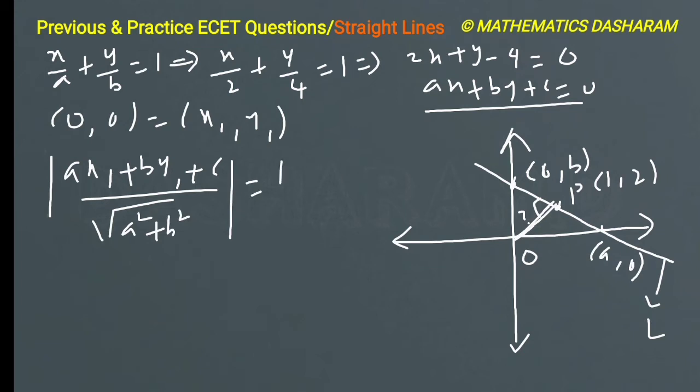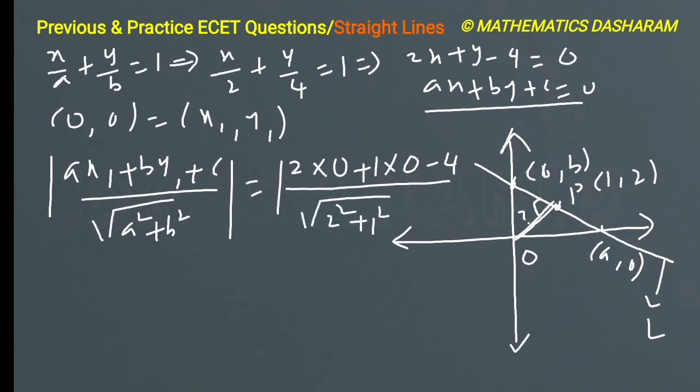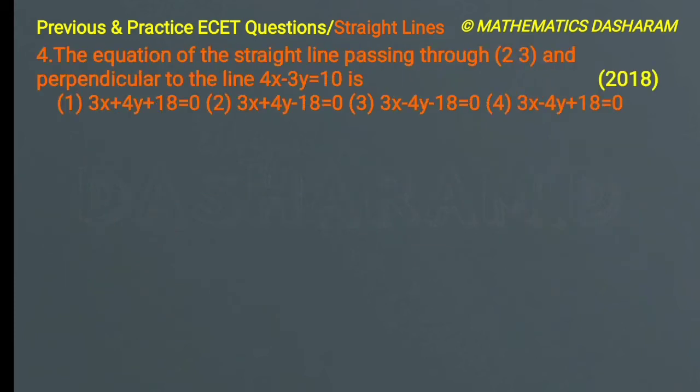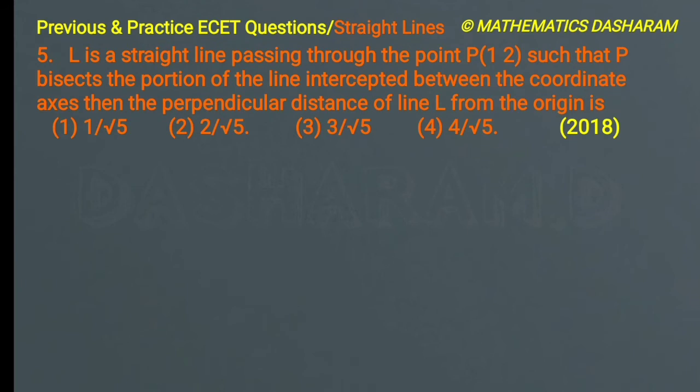So it equals 2 into 0, 1 into 0, and c is minus 4, divided by the square root of 2 squared plus 1 squared. So 2 into 0 is 0, 1 into 0 is 0, then overall minus 4, divided by the square root of 4 plus 1, which is 5, in modulus. The mod can be removed, so minus 4 becomes plus 4, that is 4 by root 5. So option 4 is the correct answer.